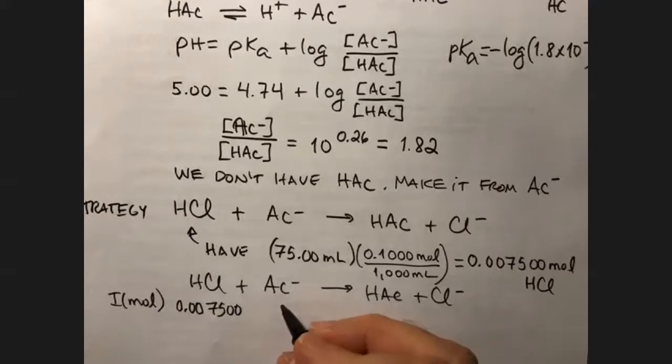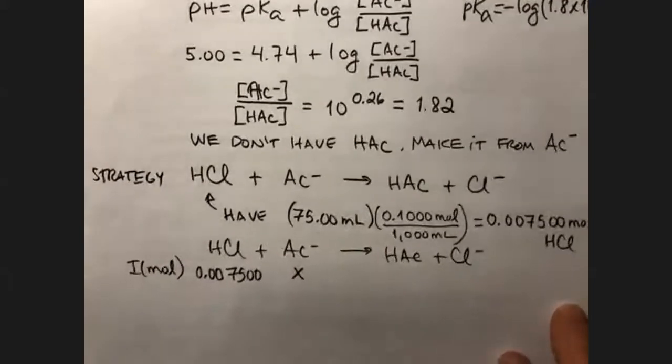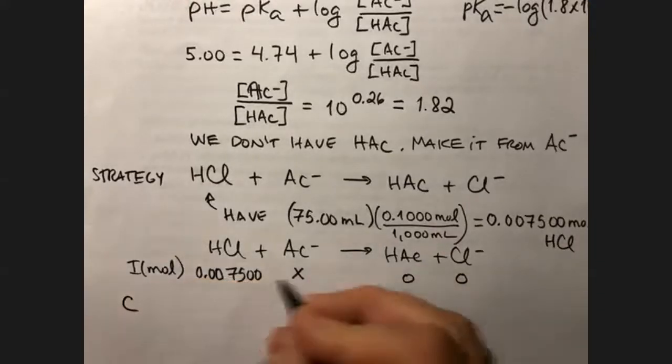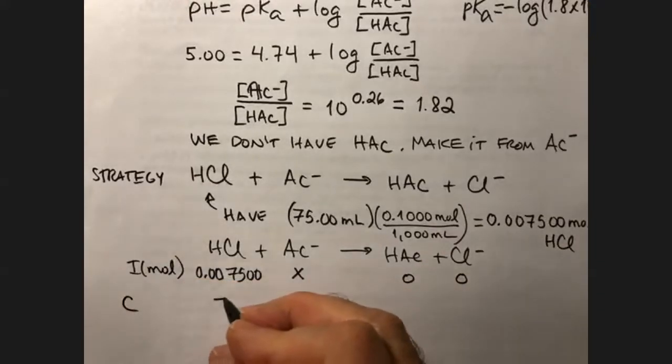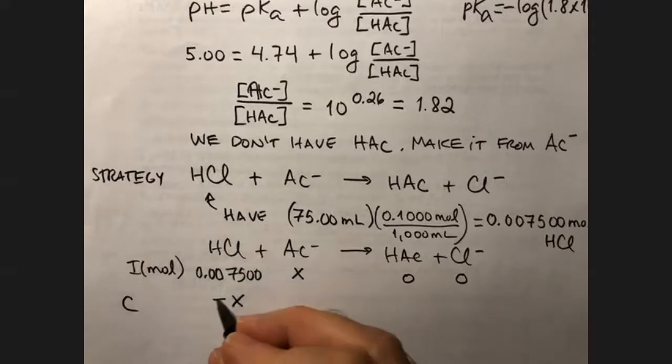And I don't know, I need a certain number of moles of acetate to react with it. So when they react, we're hoping that some of that acetate reacts. Actually, I have this wrong here. Sorry.